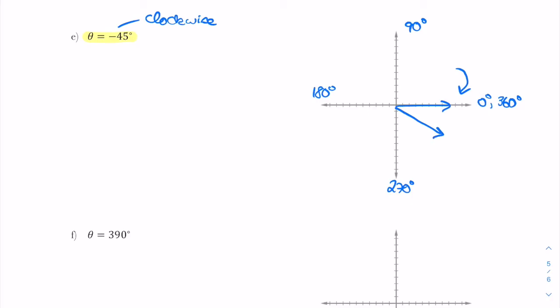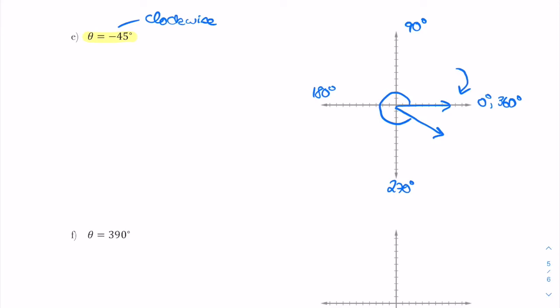Now there's two ways to express this. I guess it's not wrong if you label this as a negative clockwise angle. But it's proper convention to label this as a positive counterclockwise angle. So let's try to stick with that and ask ourselves, how far did we have to rotate counterclockwise to get to this location?